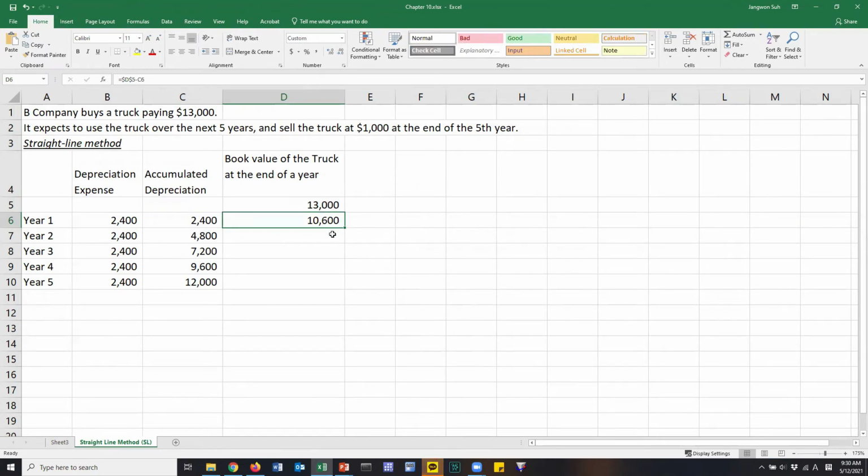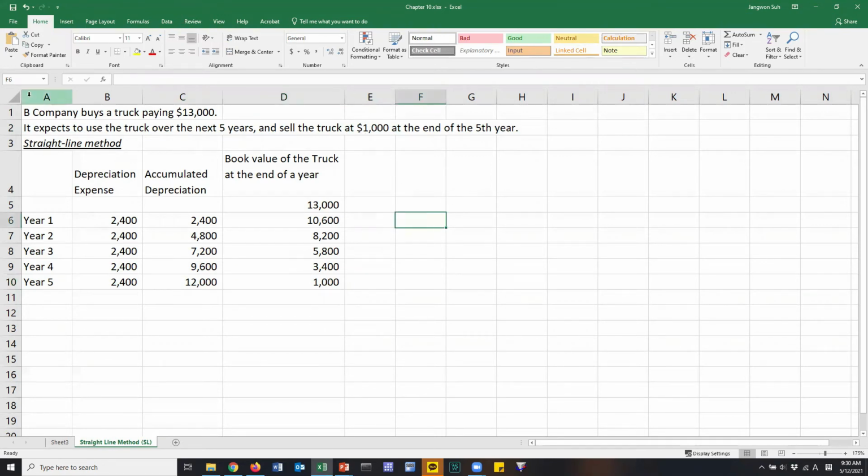You do the copy and paste or Control D. Again, from the historical acquisition cost, you take out all of the accumulated depreciation that has been accumulated so far, and it is 8,200 and the like, so that at the end of the 5th year, you have only 1,000 left, which is as expected.